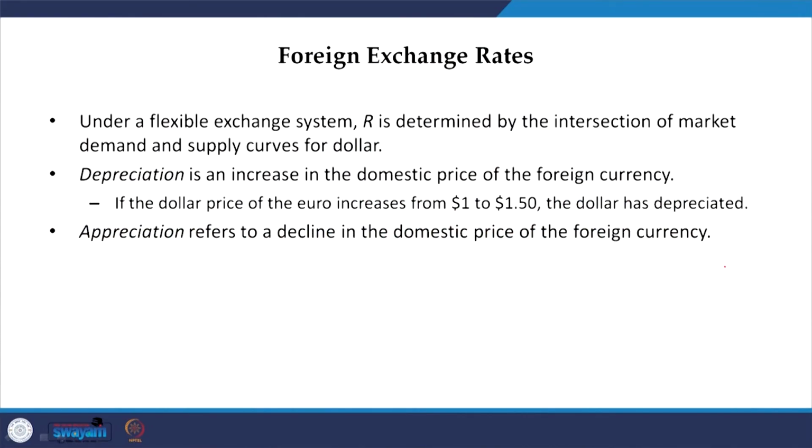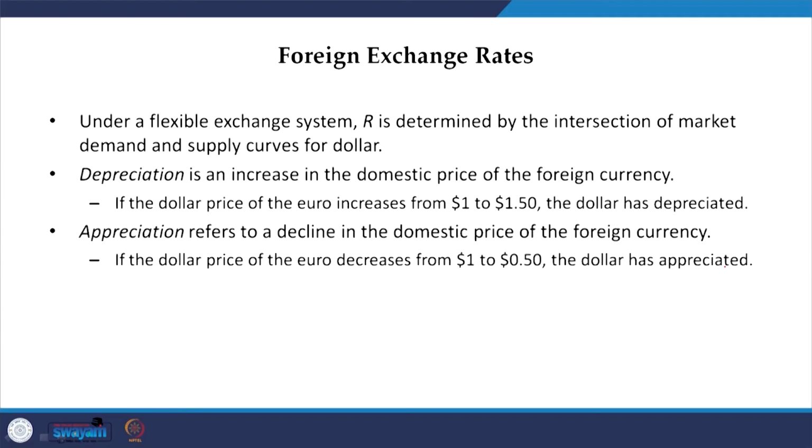When, between dollar and euro, if you compare, the dollar price of euro increases from 1 to 1.5, the dollar has depreciated. Similarly, the reverse is true for appreciation. You can just go through it; we will repeatedly say it in different lectures for sure, and these are all clarifications in this lecture. We will discuss types in the next class.